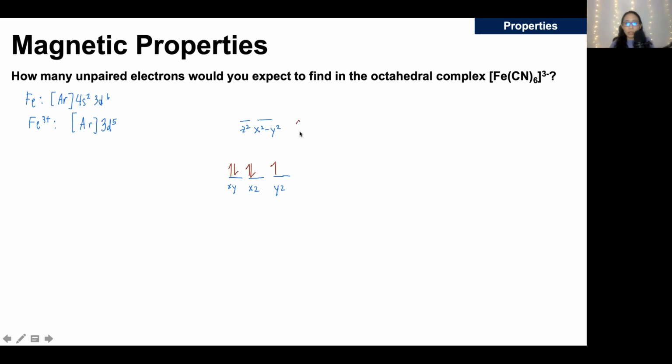So again, this is your crystal field splitting, which is greater than the pairing energy of your electrons. Now, because of this, it means that we have one unpaired electron. Therefore, we can say that this hexacyanoferrate complex is a paramagnetic complex. So it will be slightly attracted by a magnetic field.